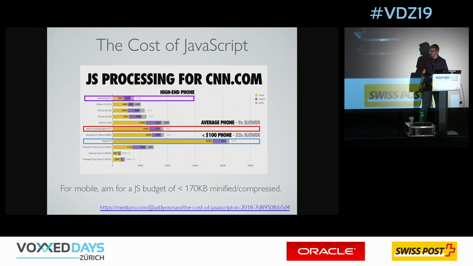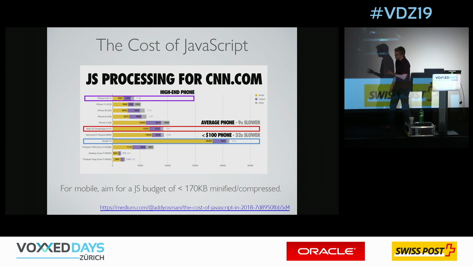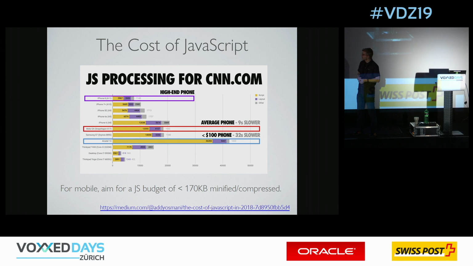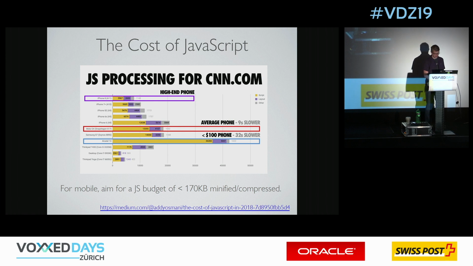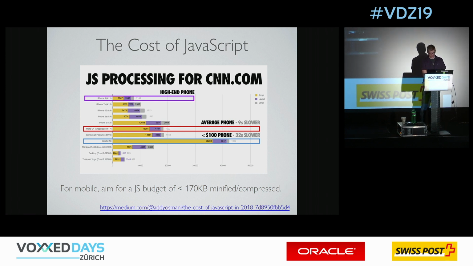Studies from developer advocates, for instance at Google, show that it can make a major difference for the user experience. If you have a fast phone, delivery can be significantly faster than on a slow phone, for a big single-page application or just a JavaScript-heavy application.